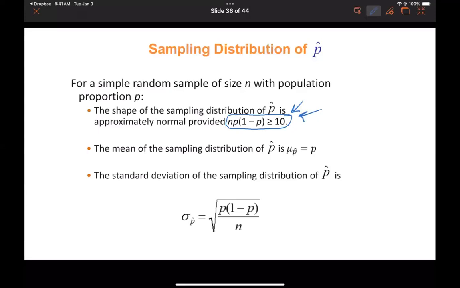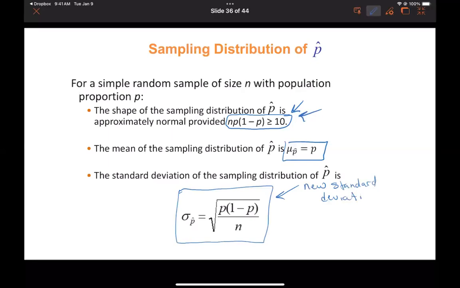For the mean, we just use whatever we're given for p. Whatever they gave us as a population proportion, that's our mean. Then finally, this is the lovely formula that we use to find the new standard deviation. So for proportions, this is your new standard deviation.